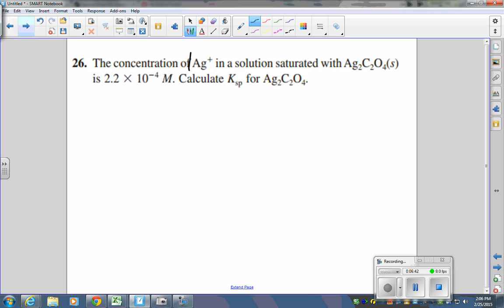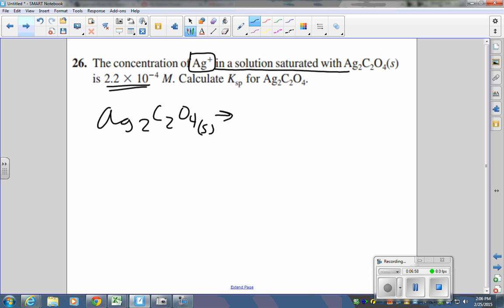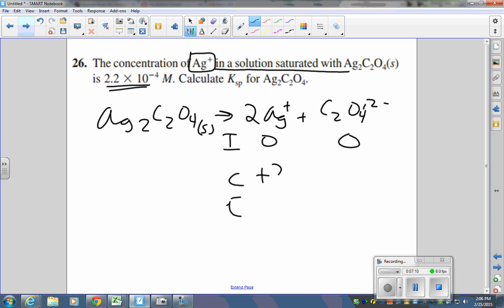So they're telling me a specific ion. Makes me want to say con cuidado, which in Spanish is be careful, because they're messing with you. So the first thing I'm going to do is write the expression: Ag2C2O4 as a solid. When it does break up a little bit, what we say pequeño amount, Ag plus and C2O4 2 minus, and then I'm going to do this 0, 0, plus 2S, plus S, and then this is 2S, and this is S. Now, this is key.